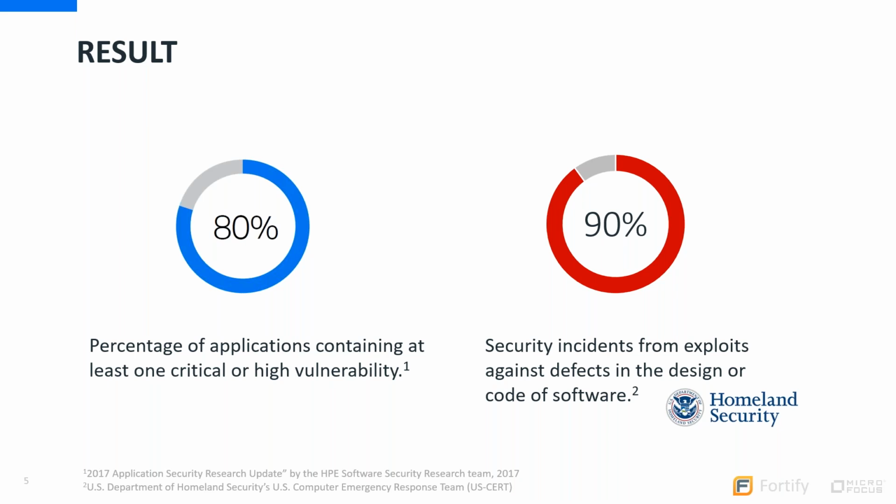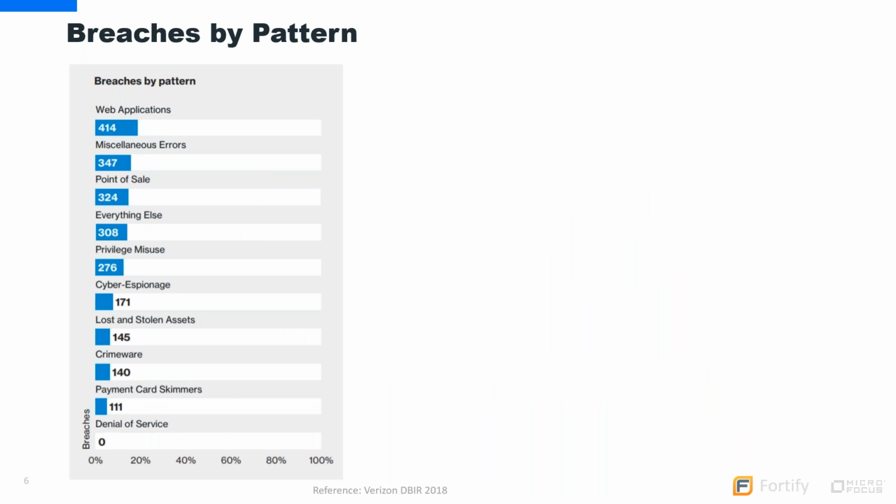These findings were backed up by the Department of Homeland Security's own findings. They found that 90% of breaches were due to either a flaw or a defect in the code or the software. Now, Verizon had found very similar. Verizon's is a little bit different. They took data from all of the publicly announced breaches, regardless of industry.